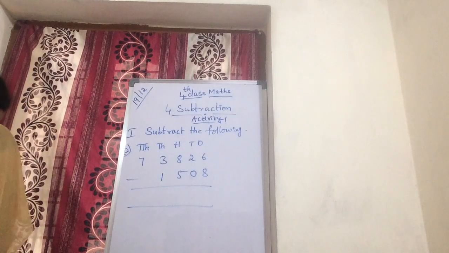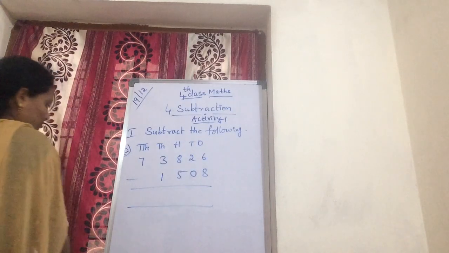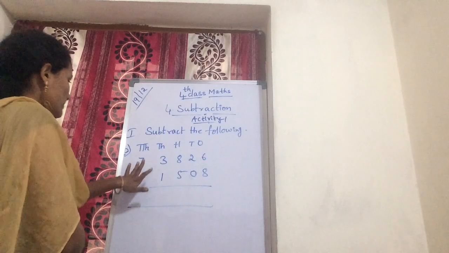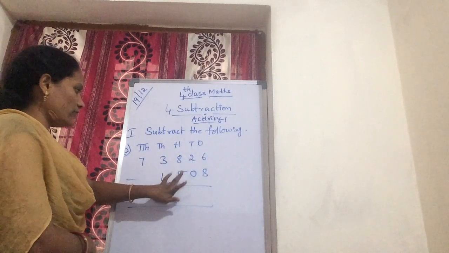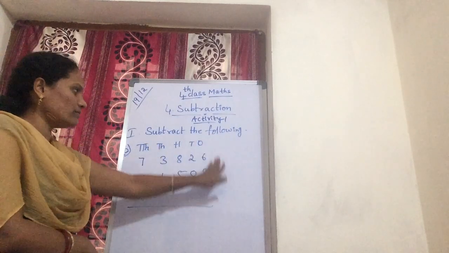You are taking borrowing. Okay, now this first number, 73,826 minus 1,509. Now starting from ones.